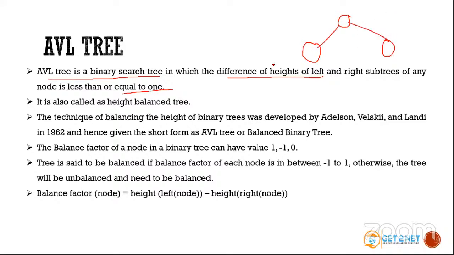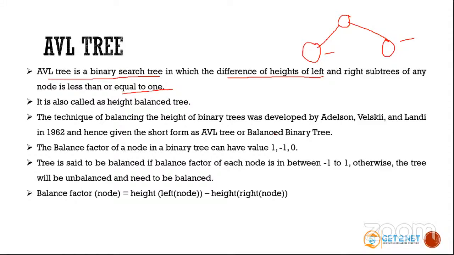So in the AVL tree, it is saying that for a node, we find the difference between the left subtree and the right subtree, and the answer should be either 1, 0 or minus 1. This value is the balance factor of the AVL tree.